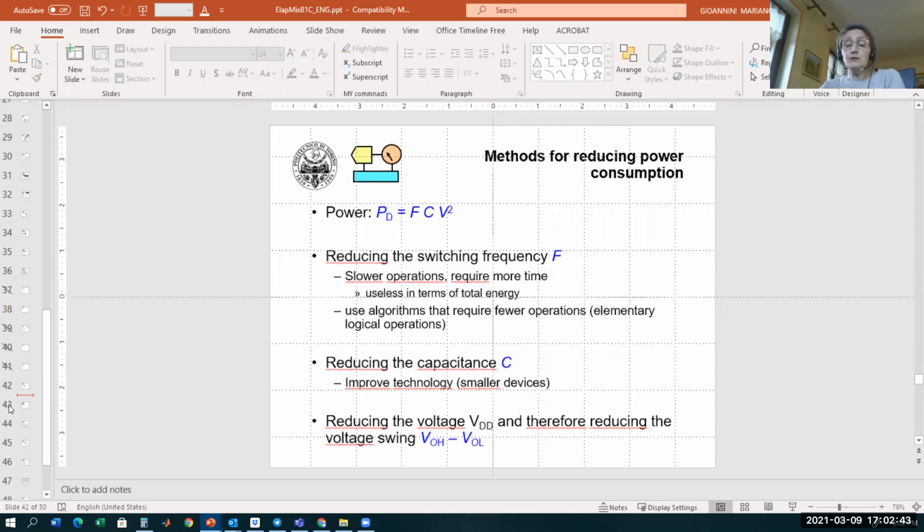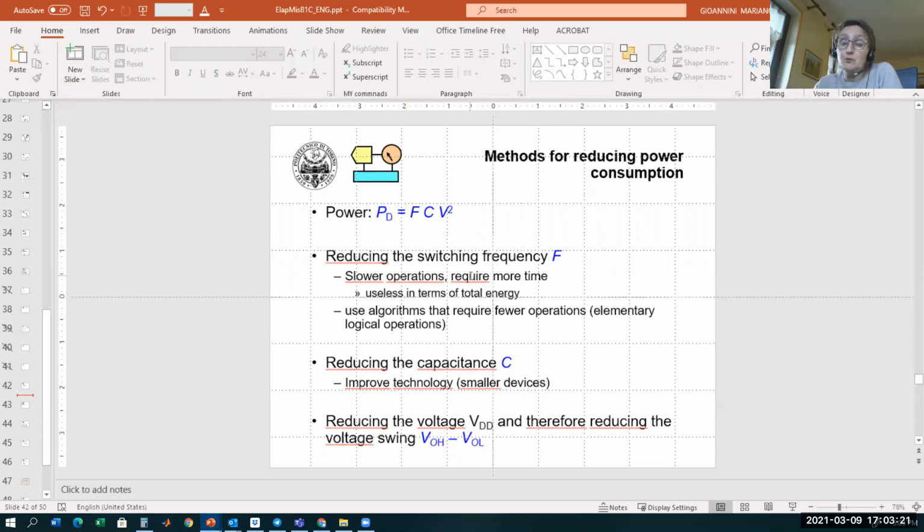So in conclusion, which are the common methods for reducing the power consumption? As you read here, you must accept to reduce the working frequency, which means that you have to accept to work at a lower speed. Or you can be clever and find algorithms that produce the same result but with a reduced number of operations or switches. Remember that any switch means I need power.